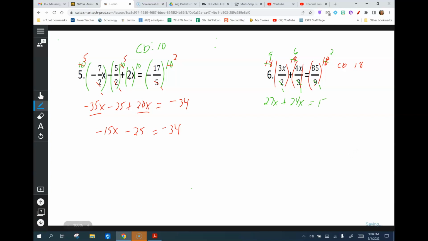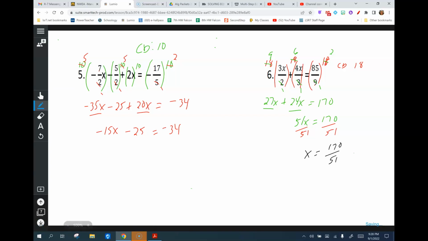It's 170, yay me! Now we're going to combine like terms. And we get 51x is equal to 170. Divide by 51. Divide by 51. And we get that x is equal to 170 over 51.